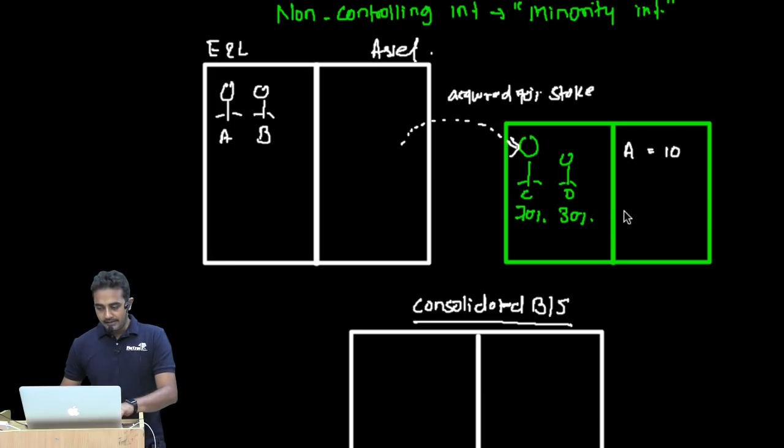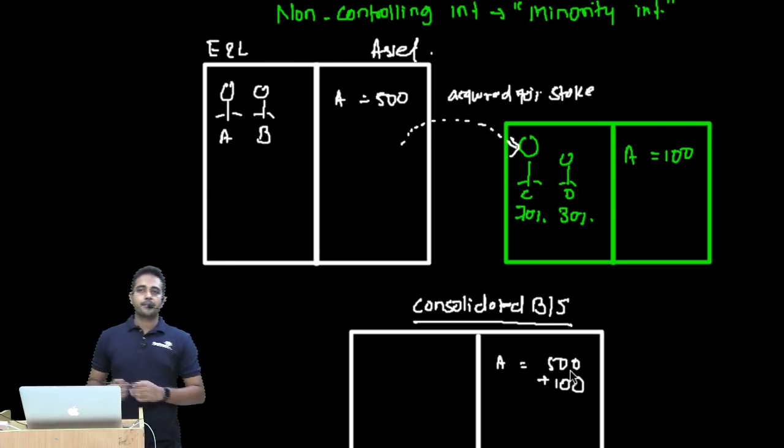If this firm had assets of 100, and this firm had assets of, let us say, 500, so when we prepare consolidated balance sheet, we will say assets 500 plus 100.